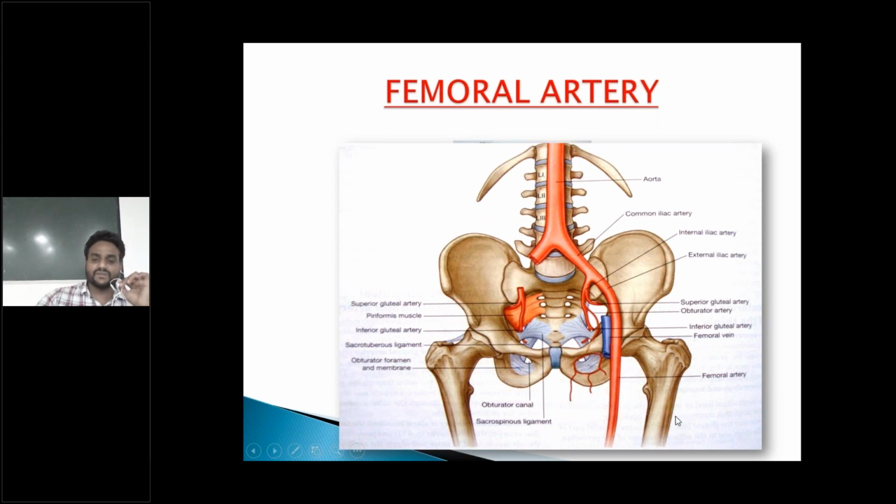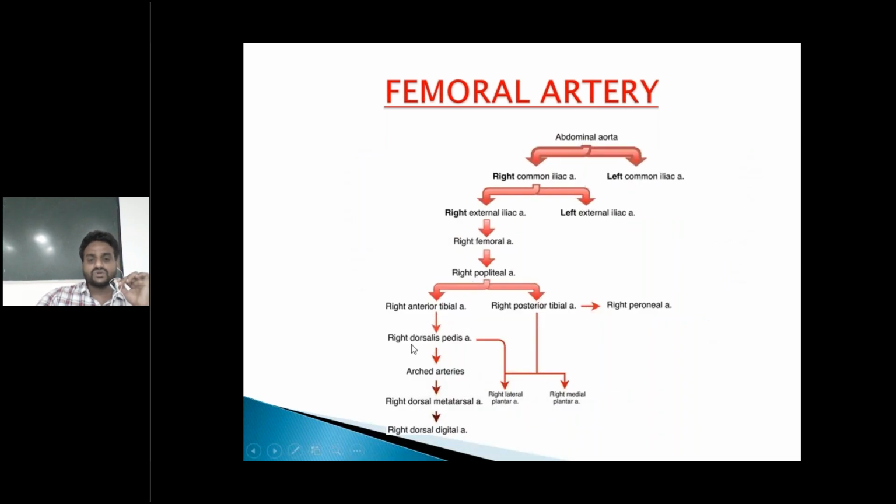Within the popliteal fossa, it terminates into two branches. In this flow chart, we can see femoral artery is the continuation of external iliac artery. Then it enters the popliteal fossa by passing through the hiatus of adductor magnus.